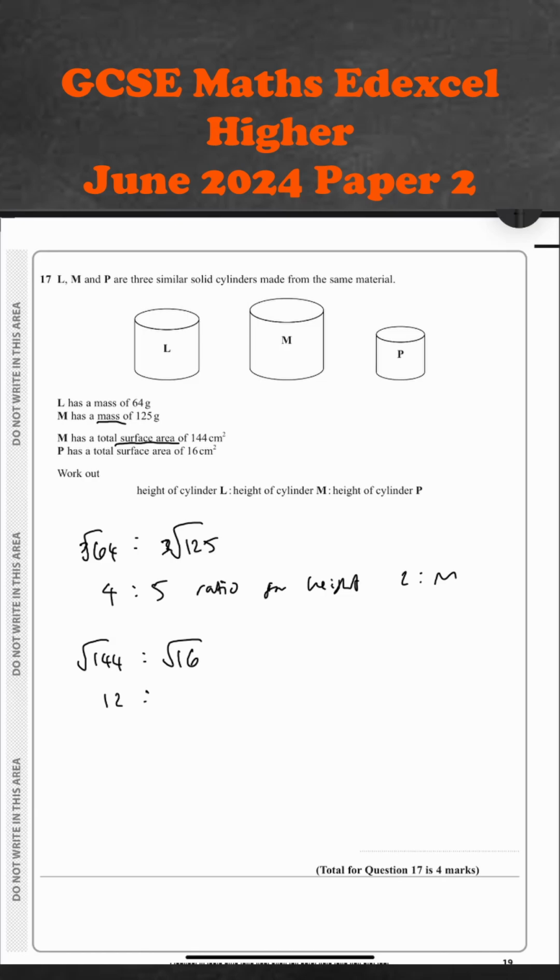This is going to be 12, this is going to be 4, ratio for height of M and P. But we want L to M to P. So we currently have L to M and M to P, and you can see that the M here is represented by a 5 and the M here is represented by a 12. So what we need to do is get them to be one and the same.